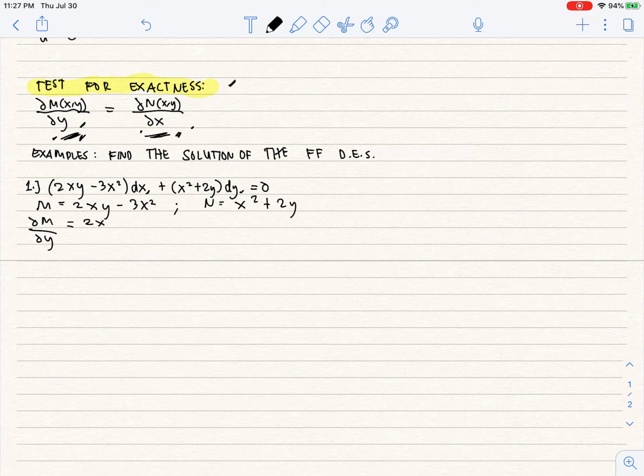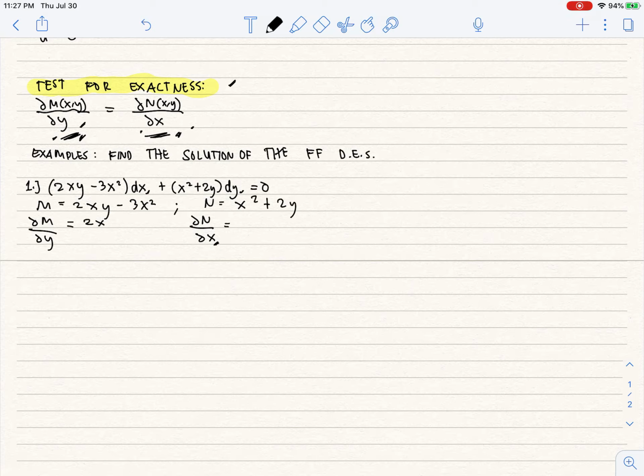Okay, so that is the partial derivative of M with respect to y. Next is the partial derivative of N with respect to x. Remember, now we are differentiating with respect to x. So y, or any other variable that is not x, is considered as a constant.